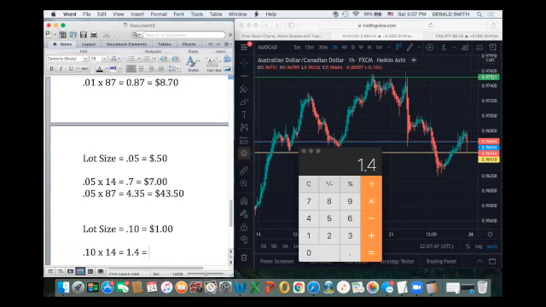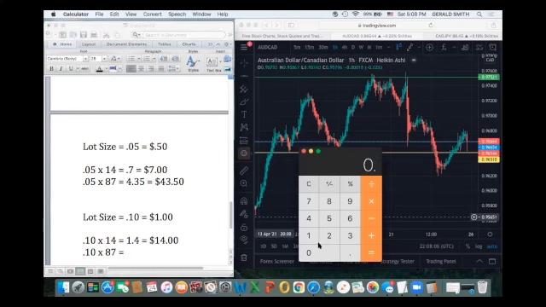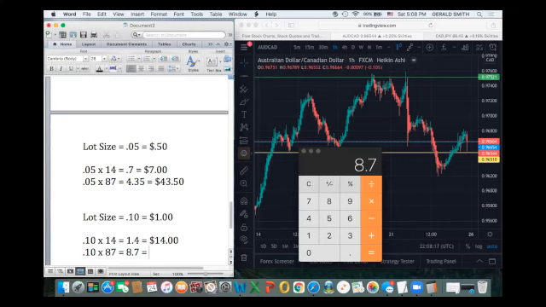Again, decimal point one place to the right: $14. That's how much you're willing to lose. And you put that lot size in. Let's go to 87. Decimal point to the right, and that's how much you really gain.